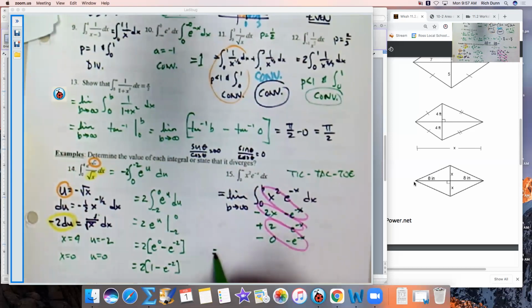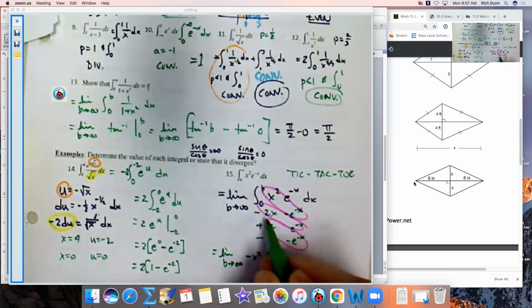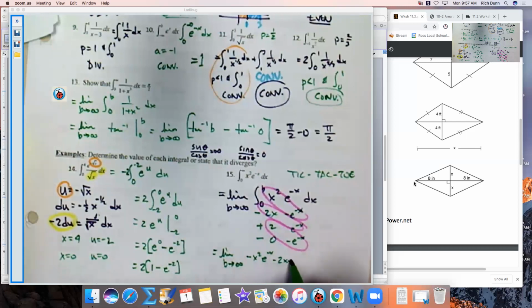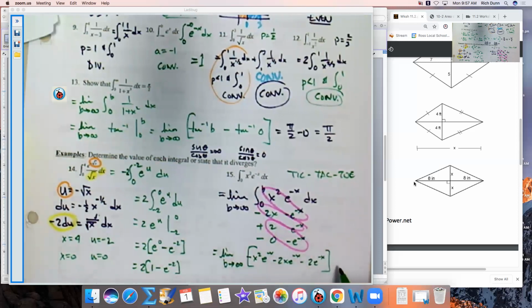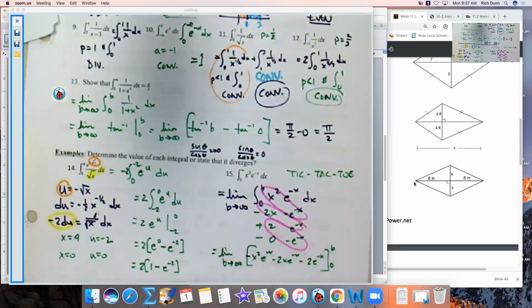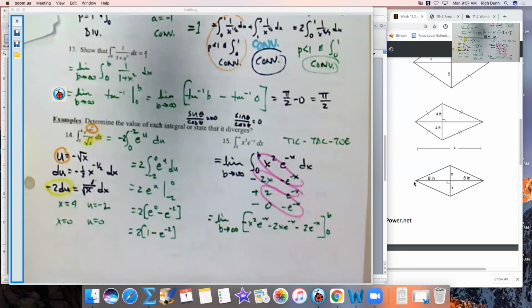And this will be written as the limit as b goes to infinity of negative x squared e to the negative x, and then negative minus 2x e to the negative x, and then again a negative minus 2 e to the negative x. All of this is going to be evaluated from 0 to b. Let's substitute in our b values here.